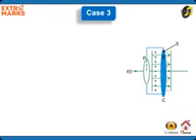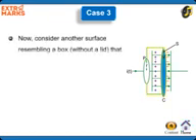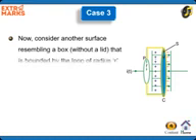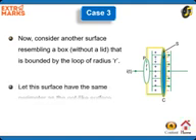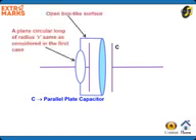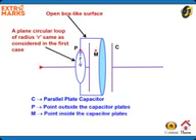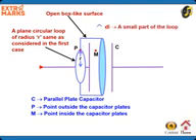In the third case, he considered another surface resembling a box without a lid that is bounded by the loop of radius r. Let this surface have the same perimeter as the pot-like surface considered in case 2. Let's see the flow of current through the plates of the capacitor and its effect in this case.